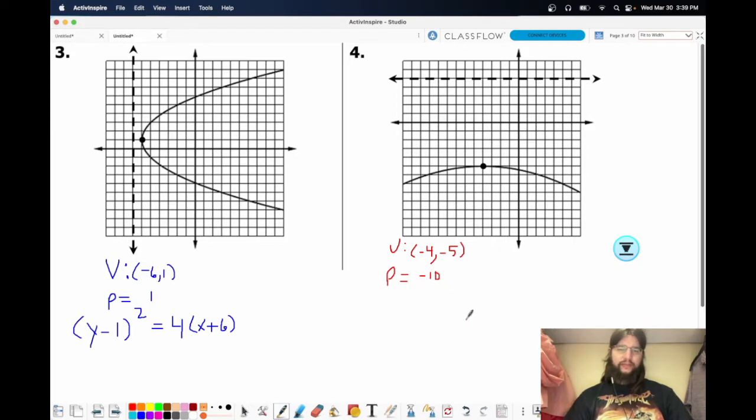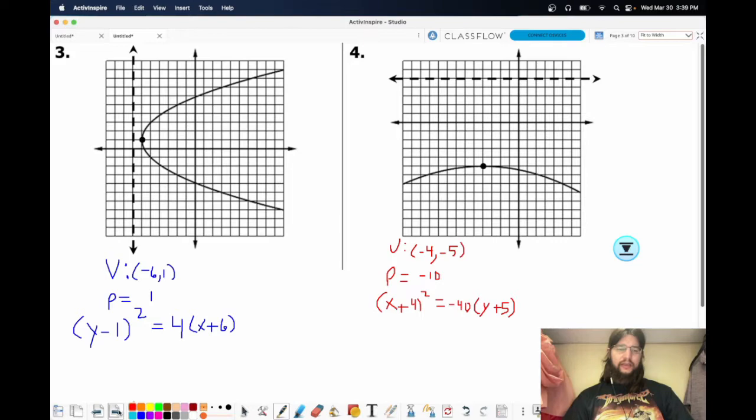There we go. Plug and chug. This is a vertical one this time, so the x part is being squared, so x plus 4 squared equals 4 times negative 10 is negative 40. Oops. And that's going to be y plus 5.